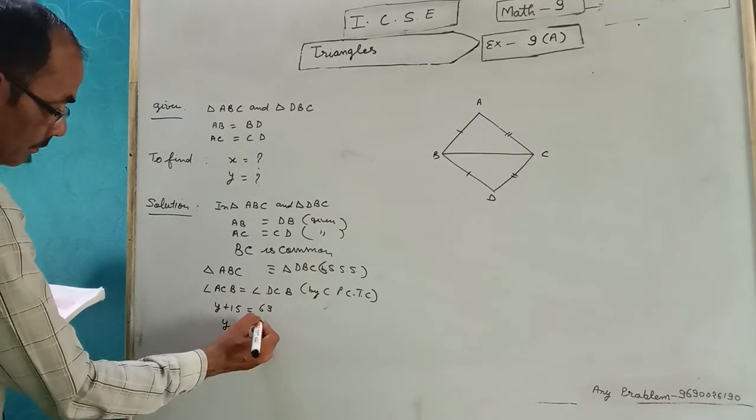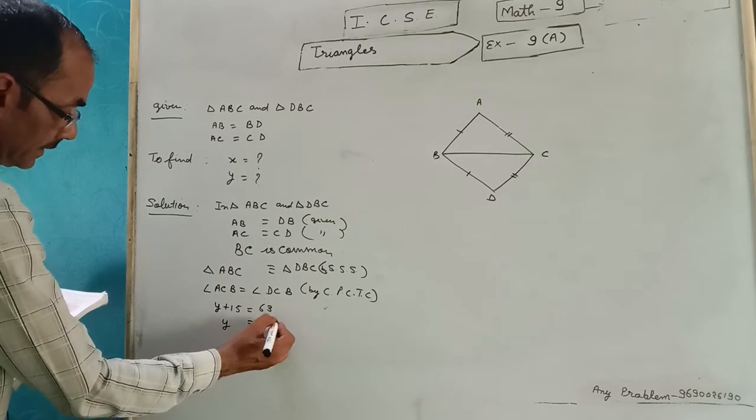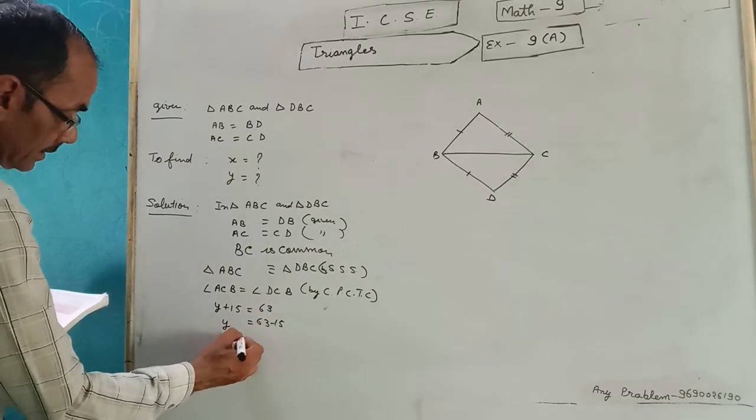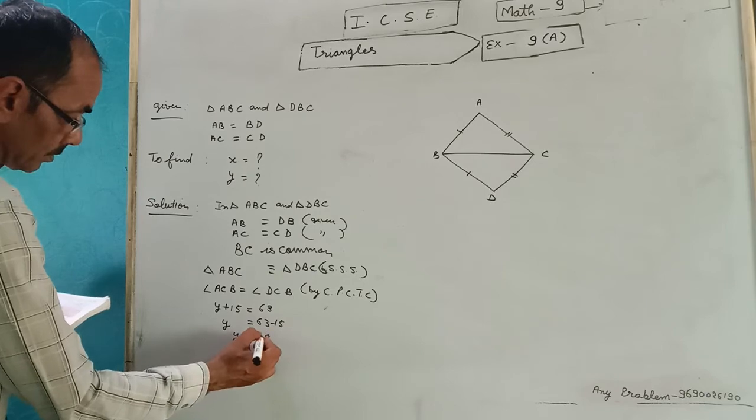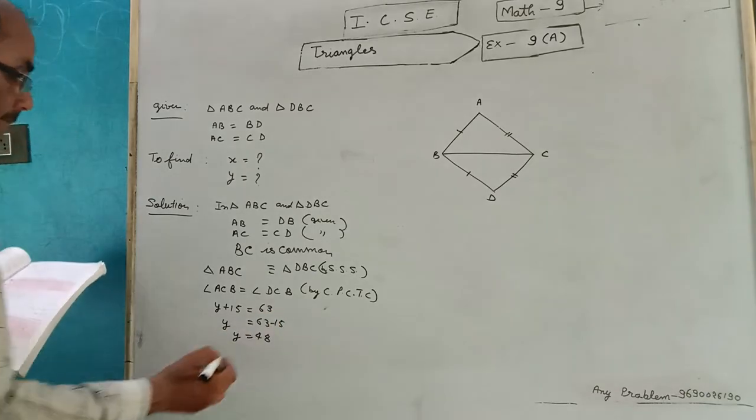Y value will be 63 minus 15, y is equal to 48 degrees.